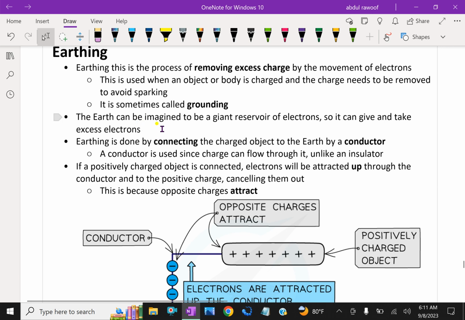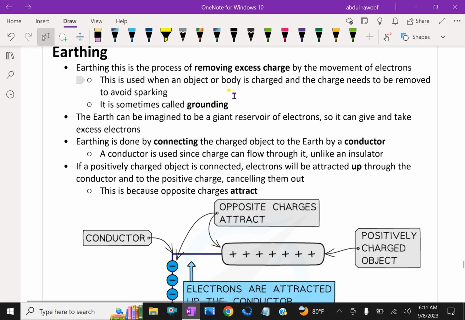Earthing is another example. Earthing is the process of removing excess charge by the movement of electrons. This is used when an object or a body is charged and the charge needs to be removed to avoid sparking. It is sometimes called grounding.